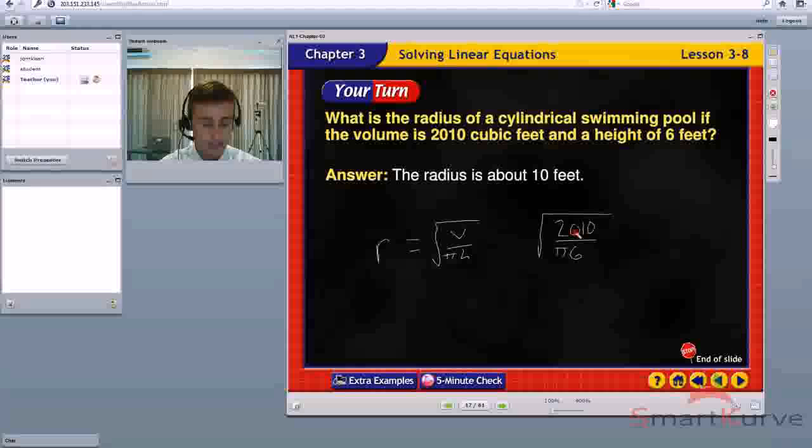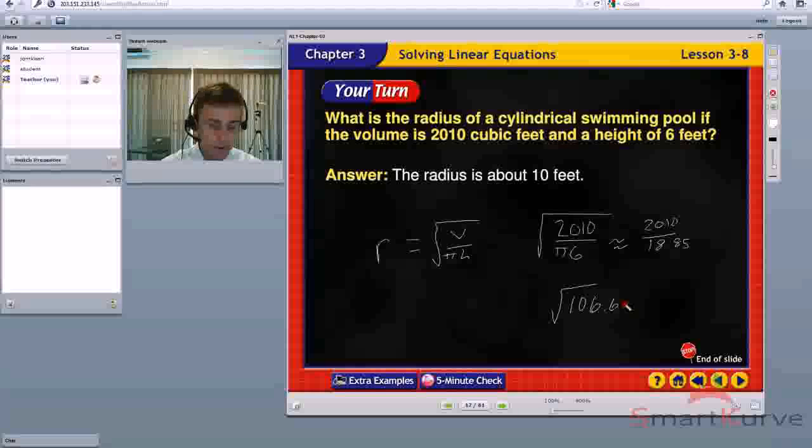So 6 times pi, you're going to use a calculator. 6 times pi is about 18.85. Then 2,010 divided by 18.85 is 106.6.